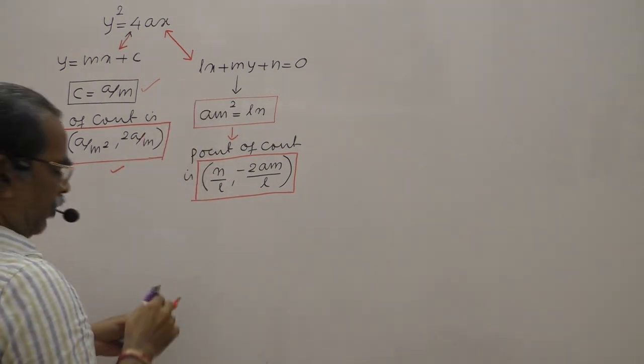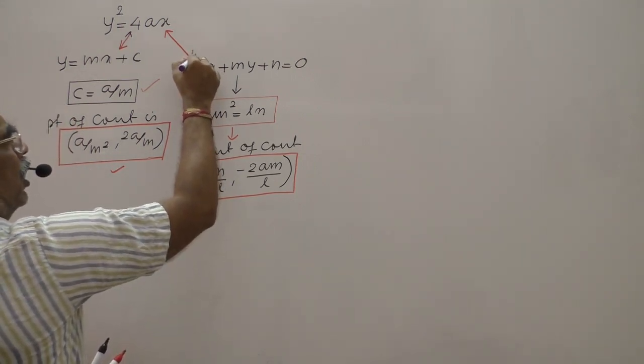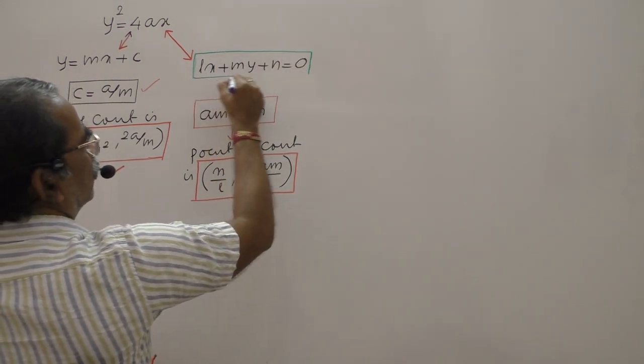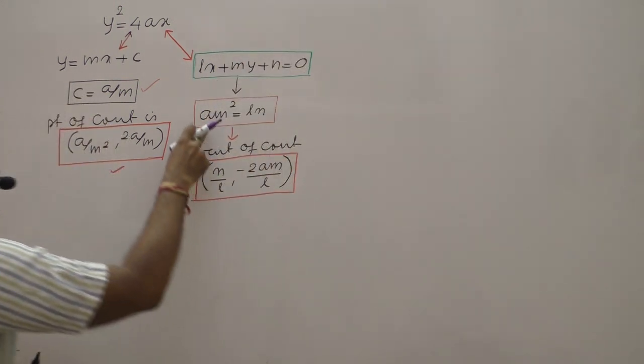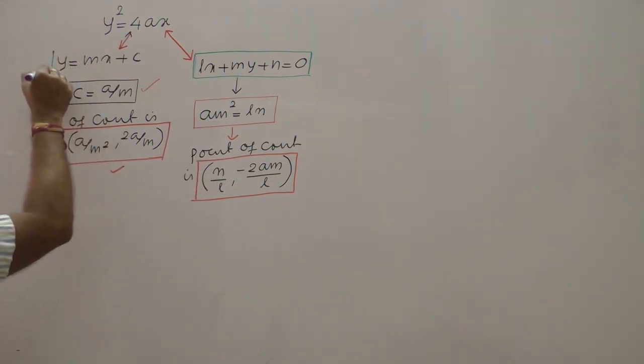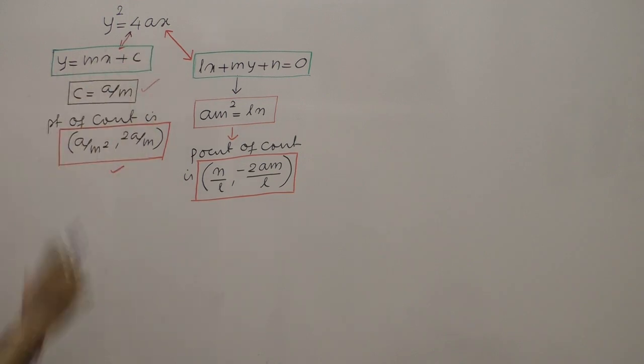If the line is lx plus my plus n equal to 0, in general form, this is the condition and this is the point of contact. So these are the two lines in two different forms.